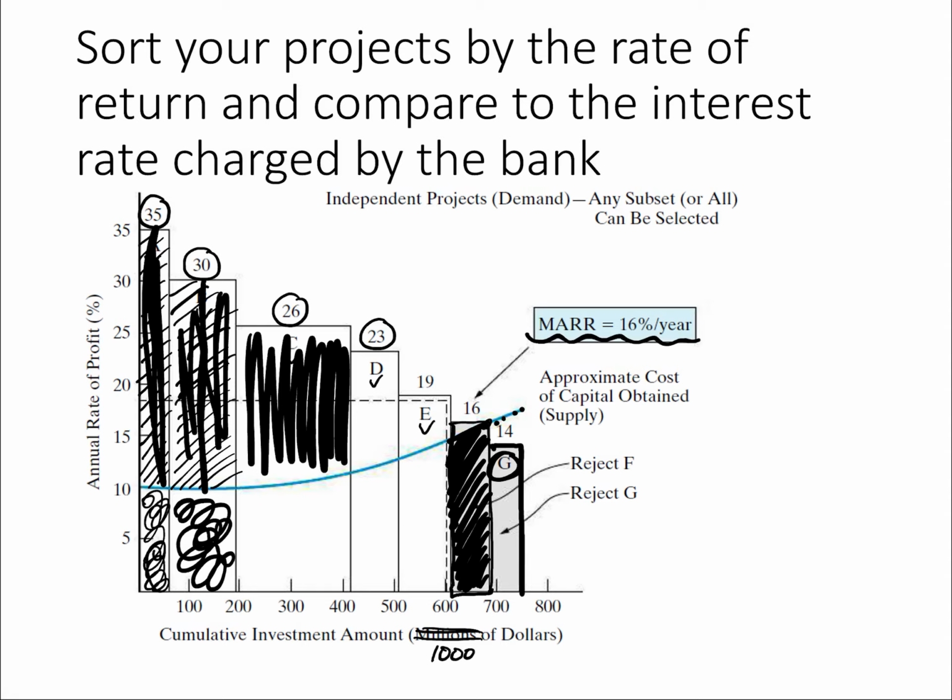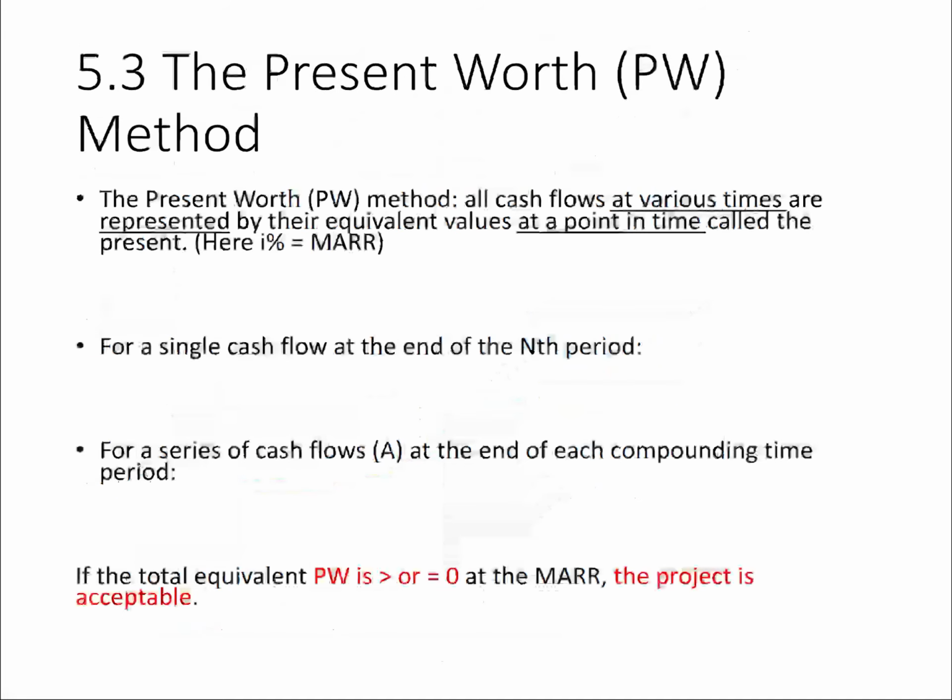If you have a higher interest rate than MARR, of course your cash flow is going to be healthier, and whatever you calculate will be higher. But if you have a lower interest rate than your MARR, it's a concern. So you always want to use MARR as the bottom line to convert the cash flows to the present, to the future, or to every year, and compare that with zero.